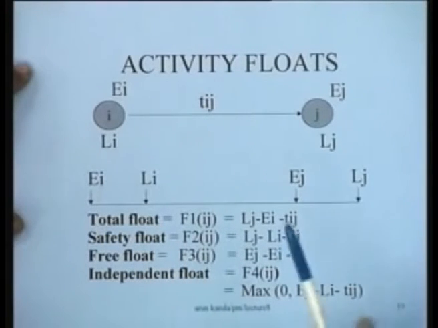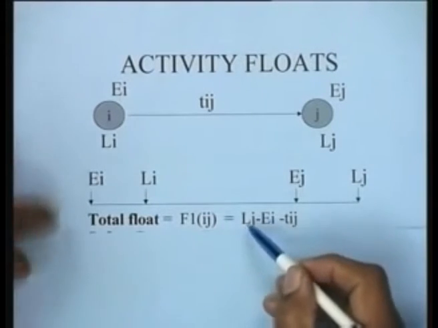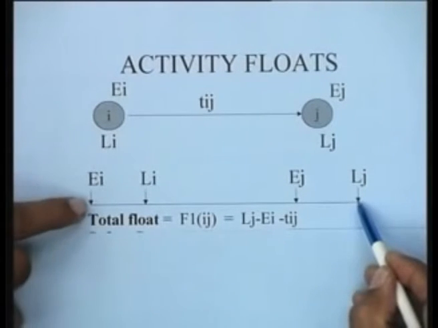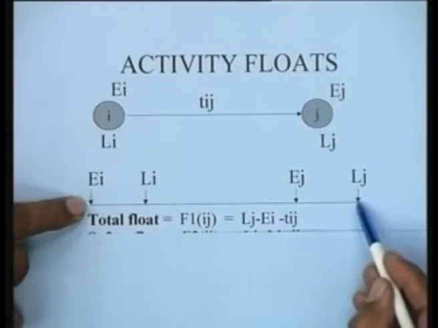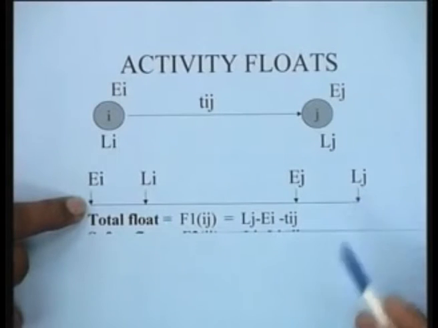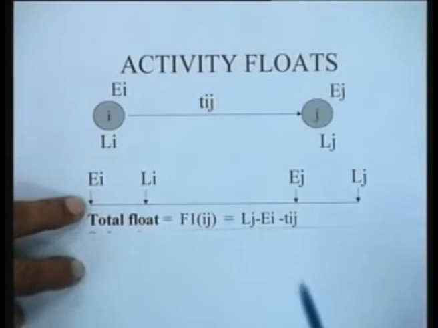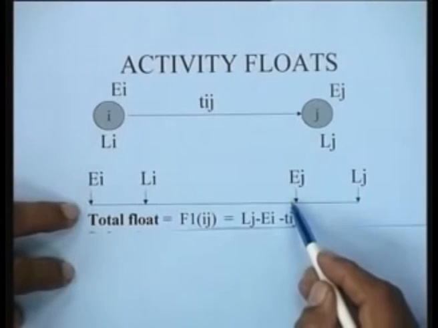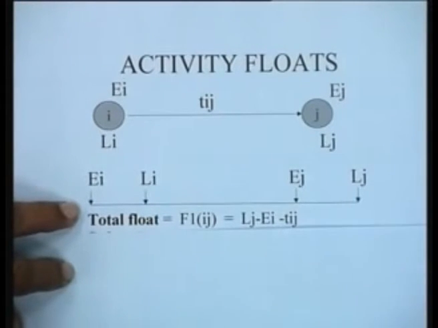The total float for an activity, let us talk about the total float first. The total float of the activity is defined as Lj minus Ei minus Tij. It means that you are getting the maximum time duration for performing the activity, Lj minus Ei, minus Tij, and this is the maximum possible flexibility that can be given as far as activity ij is concerned, and this quantity so computed is defined as the total float.